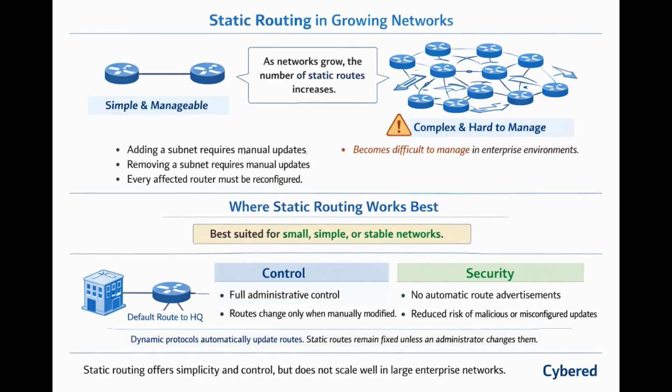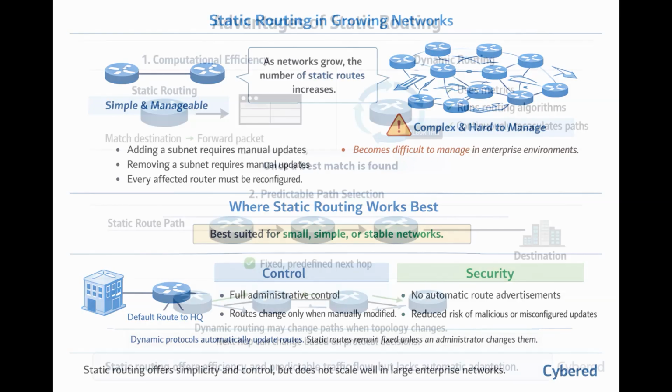That said, static routing still has important advantages. Because static routes are manually configured, they provide greater control and improved security compared to dynamic routing protocols. Dynamic protocols automatically update routing tables, which introduces the risk of malicious or misconfigured route advertisements. With static routing, routes cannot change unless an administrator explicitly modifies them.